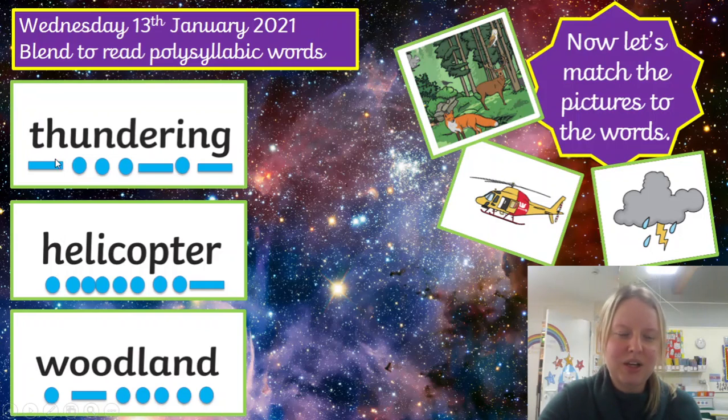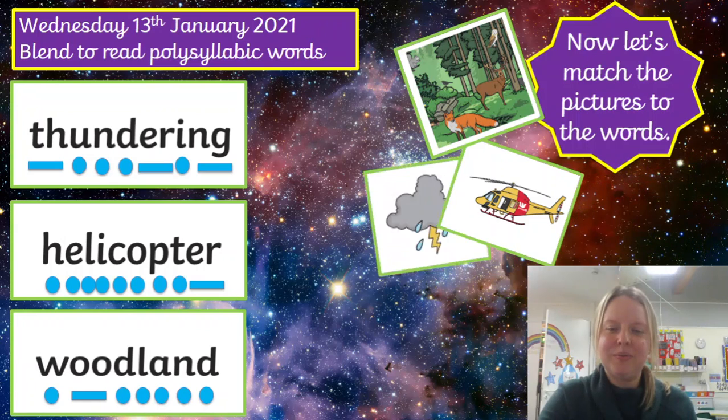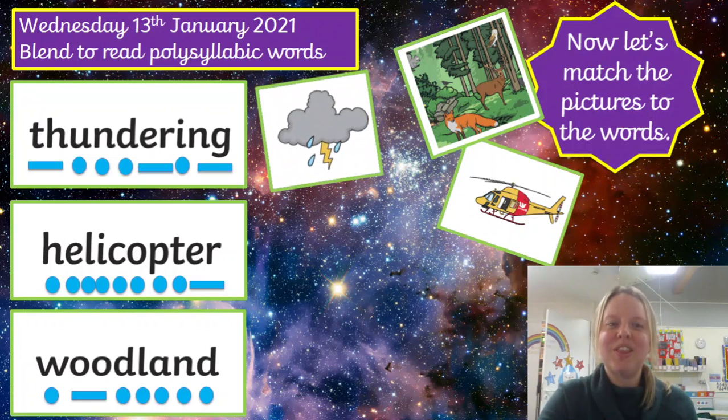Ready to sound out? Go. Th, u, n, d, er, i, ng. Did you figure out what that says? Can you point to the picture that you think it is for me? And let's see if you got it right. It was thundering. Well done if you got that one right.